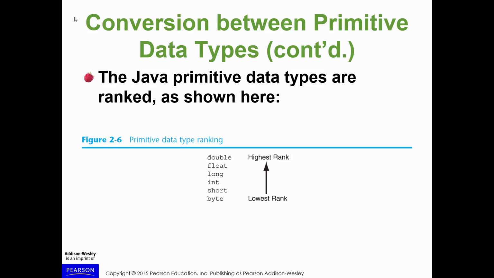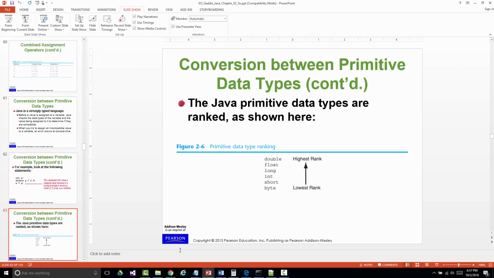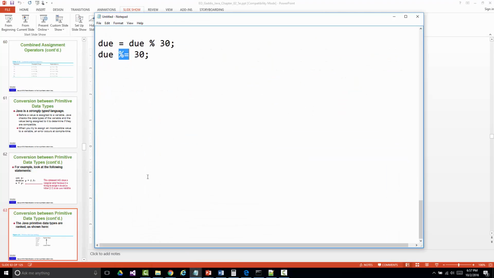All right. What this means is if I add two numbers and one's a double and the other is anything other than a double, the other thing I'm adding will be promoted, so to speak, to a double. What does that mean? Let's take a look at an example. So if I've got this, int x equals 17, double y equals 14.8, double sum equals x plus y.